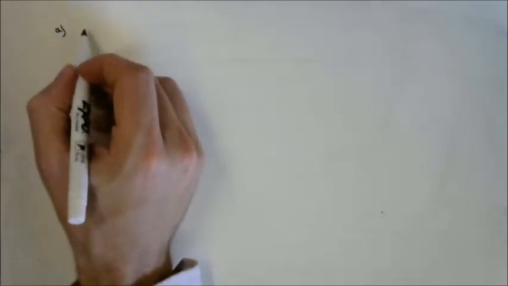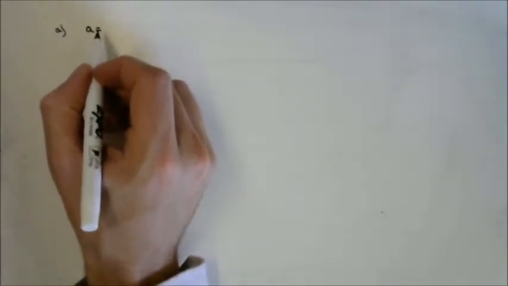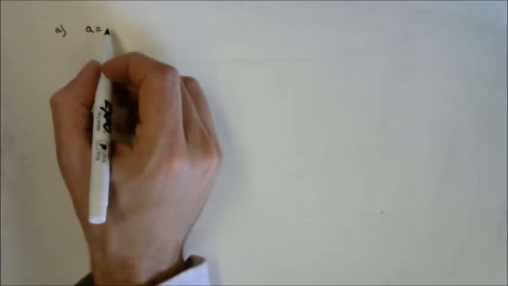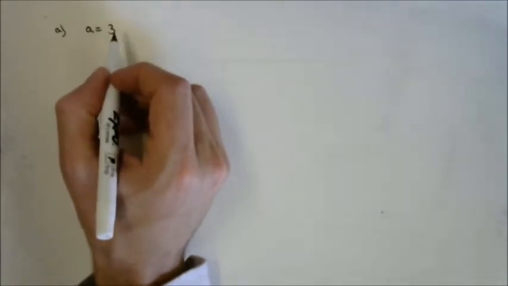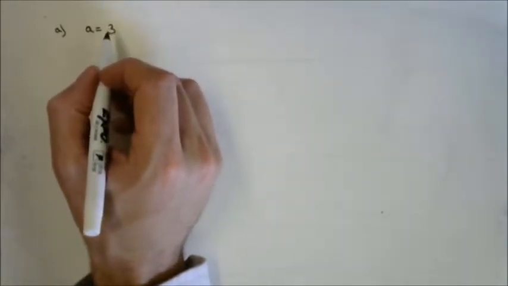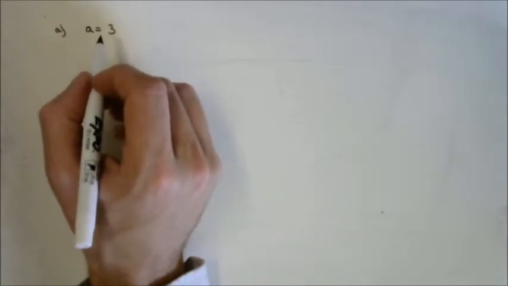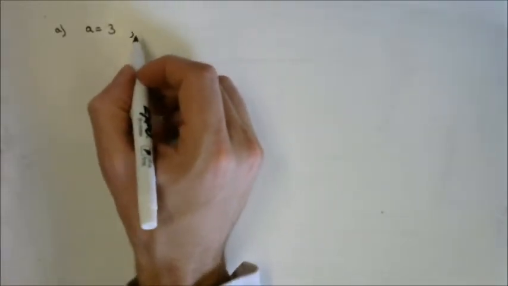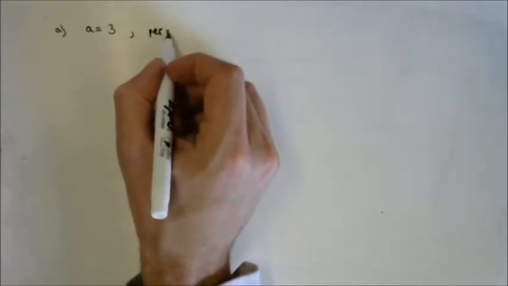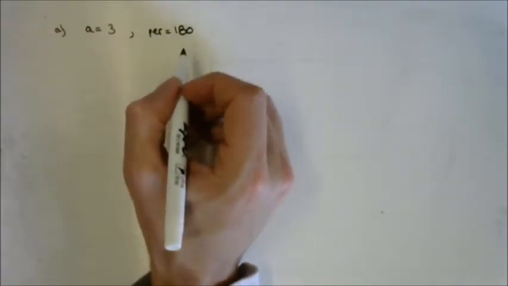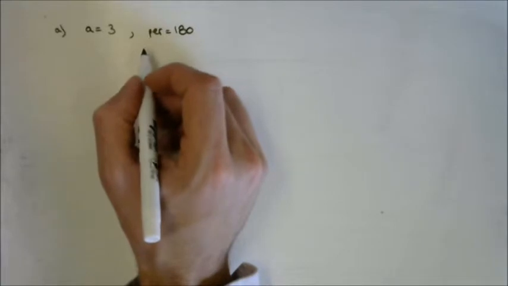So in A, we've got an amplitude of 3 units. So A is 3. We've got a period of 180 degrees. So if the period equals 180, that's not K, right?